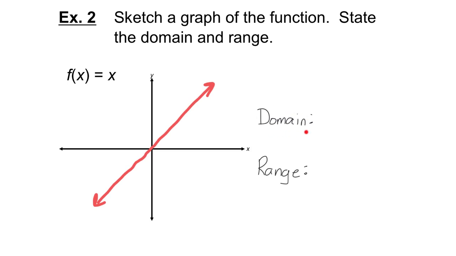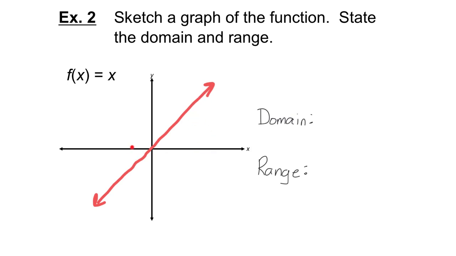Remember, domain is all of the possible values of x. So as we look at this function, which is supposed to be a straight line, we can find different values of x and what the corresponding value of y is. So x can be 0 because we have a corresponding value of y on the graph. x can be 1 because we have another value of y that corresponds to a value of x. x can be 2. x can be any of those integer values.